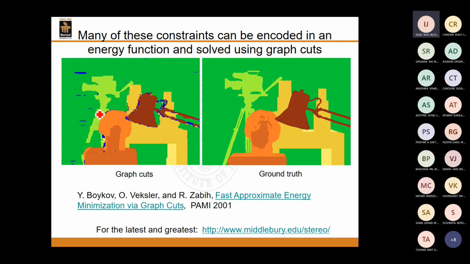If you remember, there were a lot of blue portions, that means there were a lot of noisy regions. By incorporating the smoothness constraint, we can see that the noise has reduced a lot while you're trying to segment different objects in a scene.